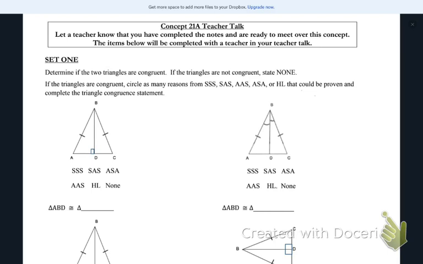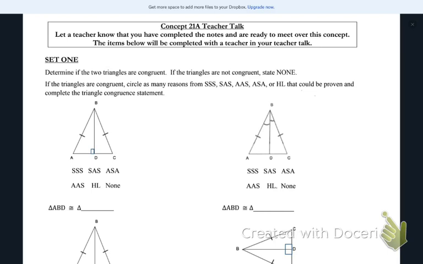Please go ahead and turn your packet to Concept 21A Teacher Talk and just check your answers with ours. So on this page we have set 1 that says determine if the two triangles are congruent, and if the triangles are not congruent, state none.